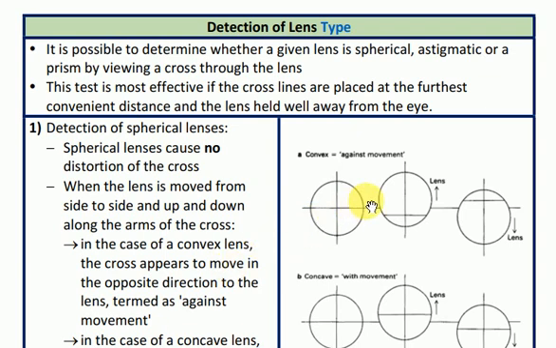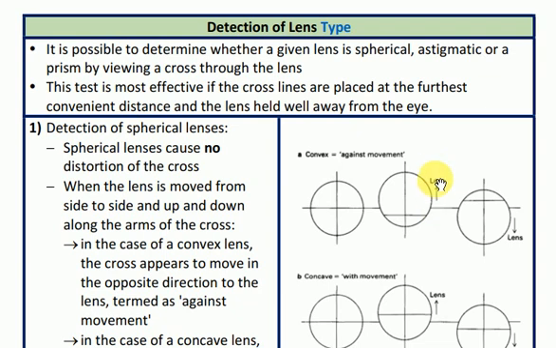Spherical lenses cause no distortion of this cross. However, when the lens is moved from side to side or up and down, the arms of the cross also appear to move. In case of a convex lens, the cross appears to move in the opposite direction to the lens.